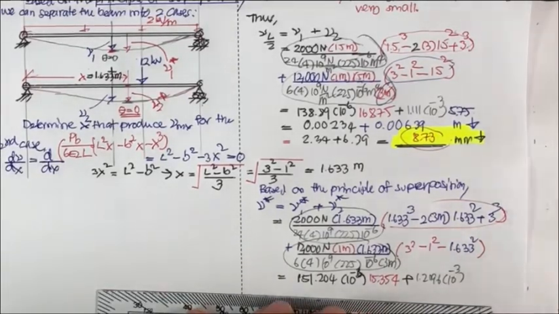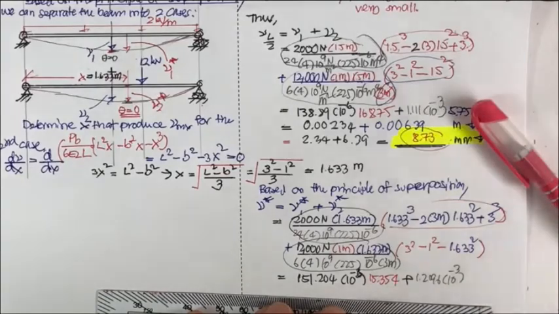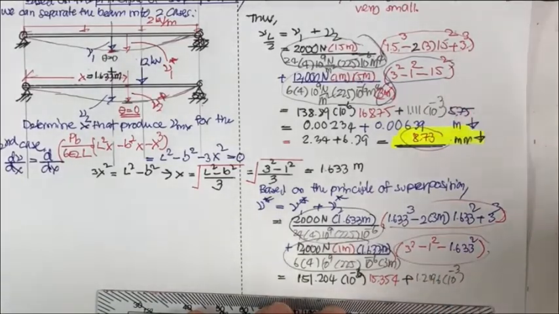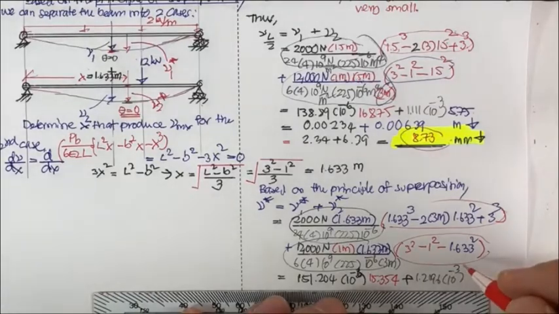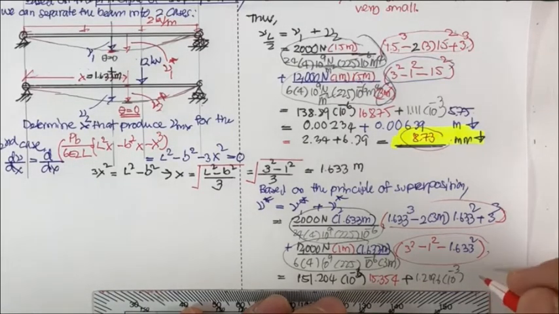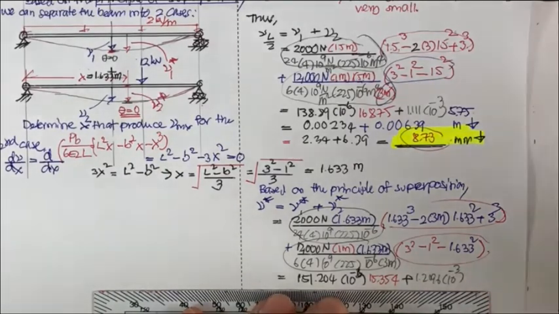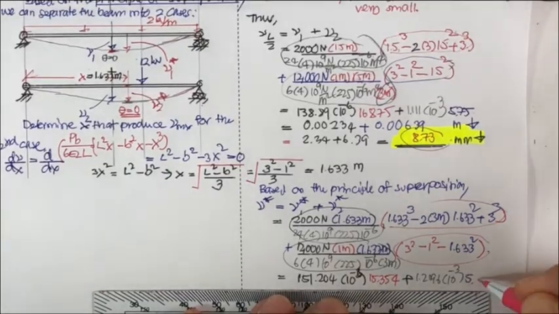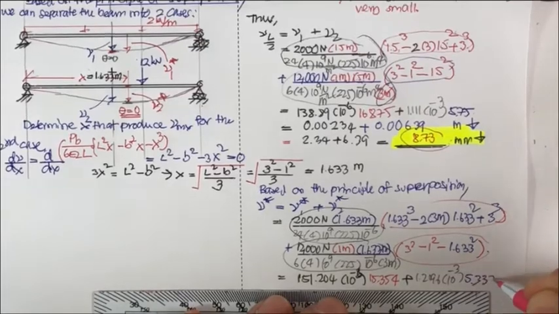And the last one, when you put it into this one, going to be easy. It's going to be 5.332.